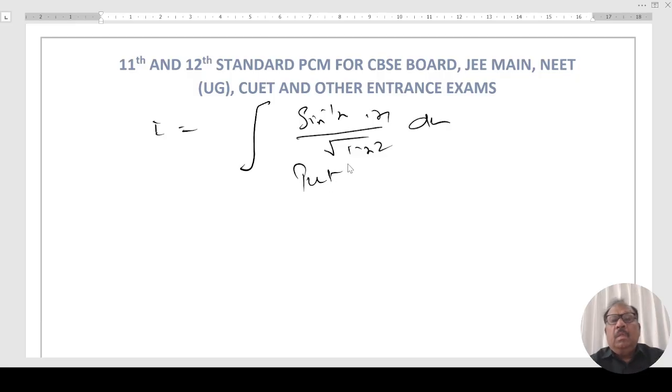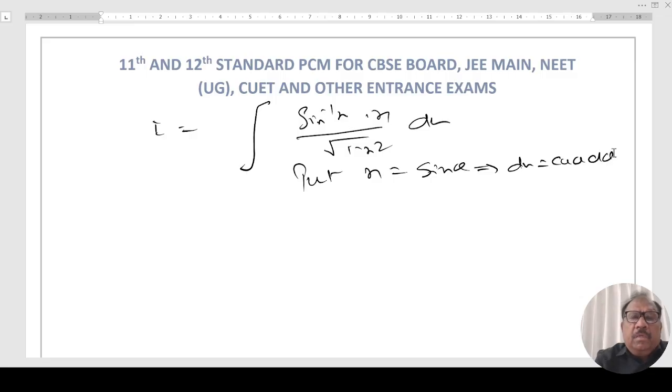Put x equal to sin theta, then dx equal to cos theta d theta, and as this is theta, sin theta, x into under root 1 minus x square. On back substitution, this will be helpful.